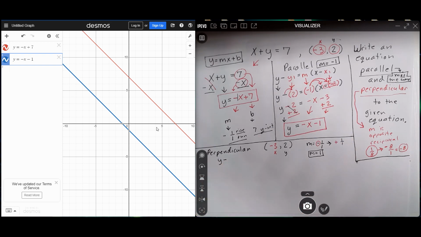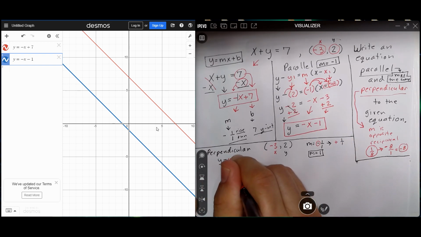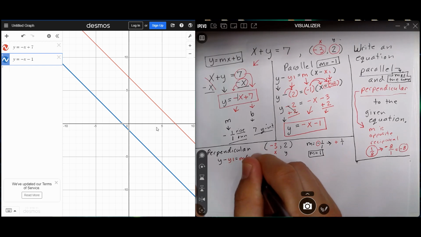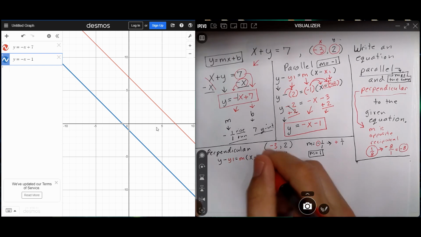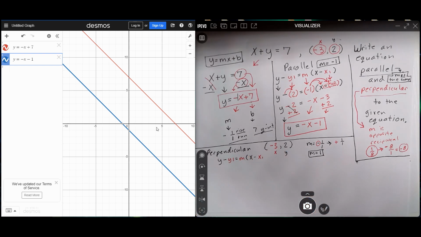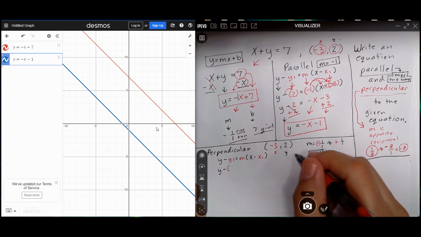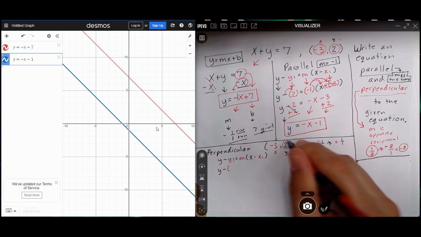So I got y minus y1 is equal to m times x minus x1. So we're going to go ahead and substitute the numbers real quick. I'm going to circle them as I place them. So for instance, this is going to be y minus, and my y1 value is going to be a positive 2.